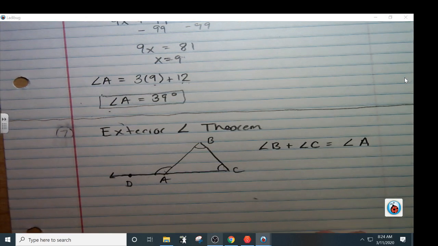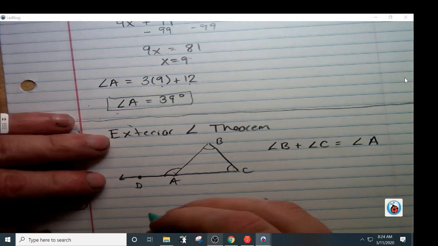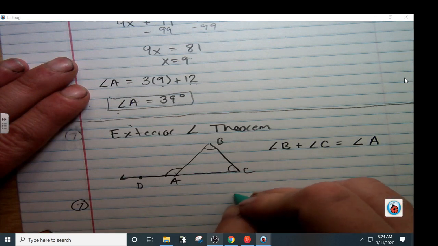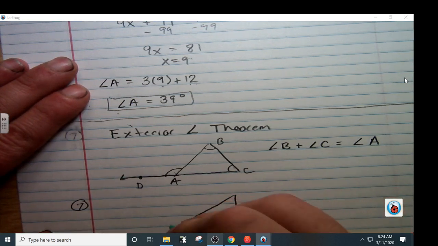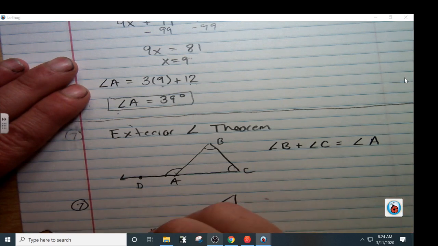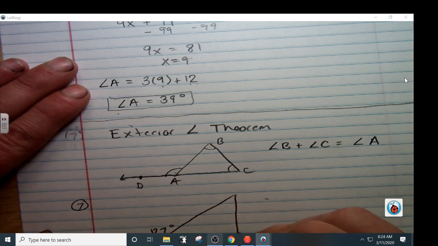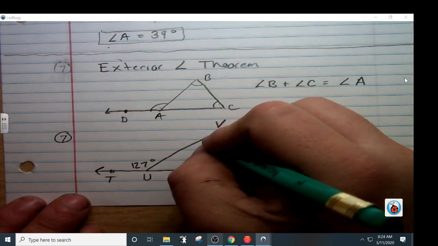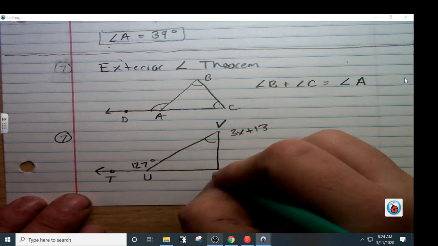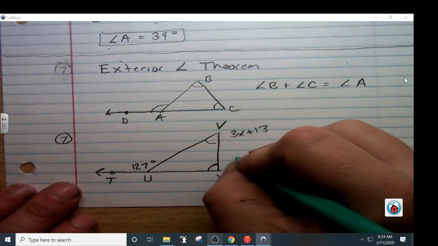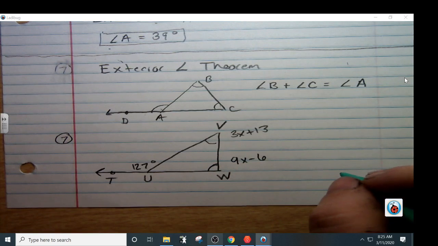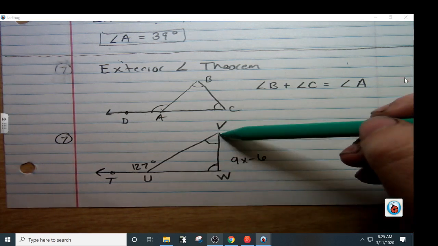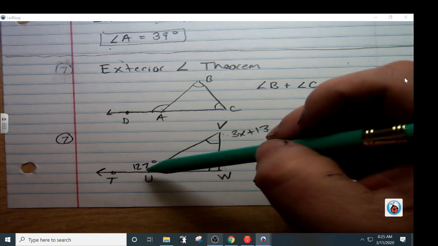So looking at number 7. Notice that angle V and angle W are two non-adjacent angles to the outside angle.